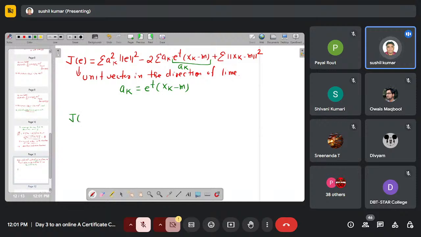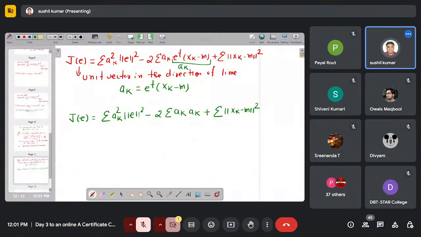So what it will give you, J(E) is equal to a_k square times E square, minus 2 a_k, where the second a_k I have got from the replacement, plus (x_k minus m) whole square. Okay, so this is the equation I got here.